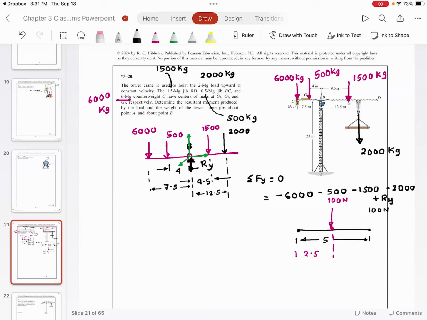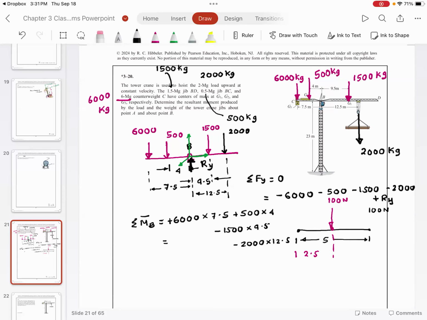Now, if I want to find the moment, I need to take the summation of moments about point B, and that's going to be 6,000 times 7.5, positive or negative, 500 times 4, 1,500 times 9.5, 2,000 times 12.5. Do you agree with me? That is going to be your moment.